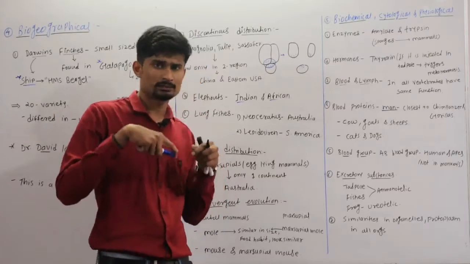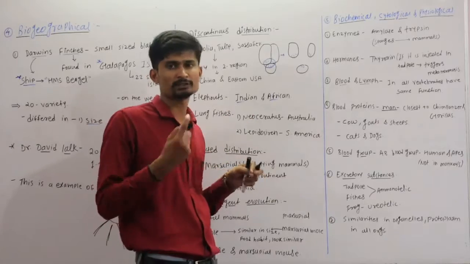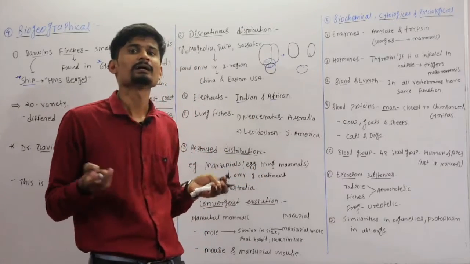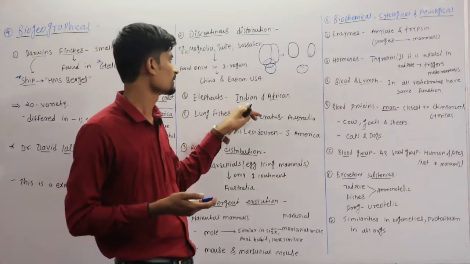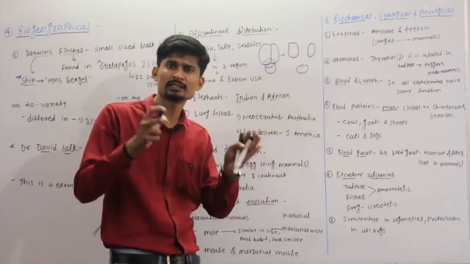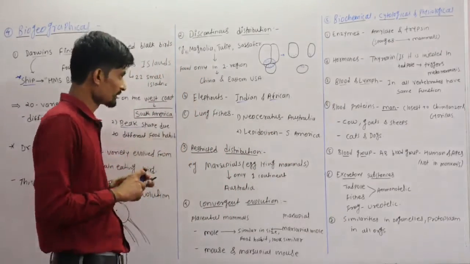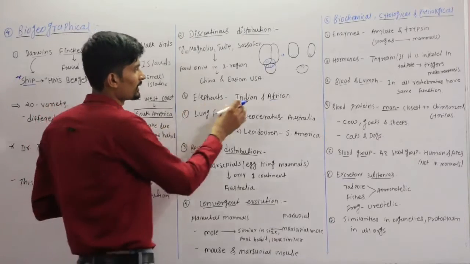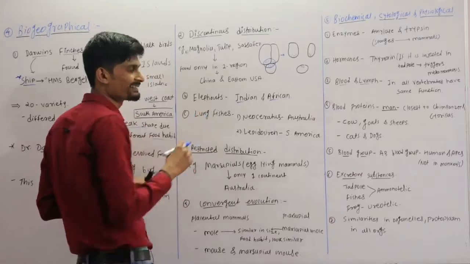Okay, but at present you can also observe elephants in different countries, but these are placed in zoos, and were taken from the India and Africa regions. So there are only two varieties, Indian elephant and African elephant.